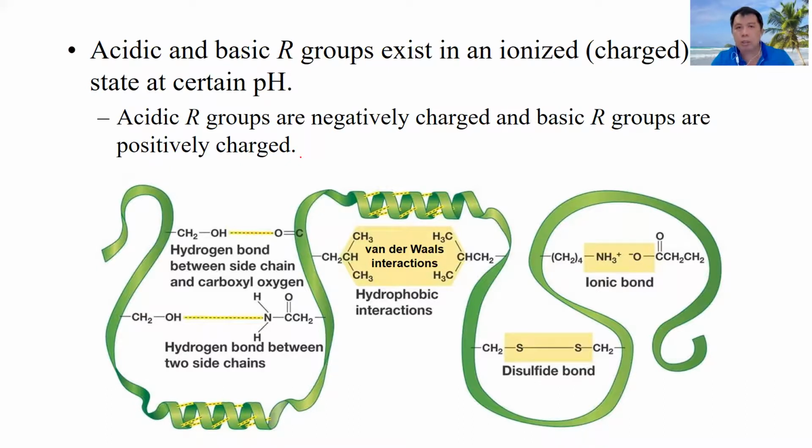If the pH changes, these ionic bonds will also change. They are either disrupted or changed, so the three-dimensional shape or the tertiary structure of the polypeptide also changes. That means the 3D shape of the protein is changed and the protein is said to be denatured.